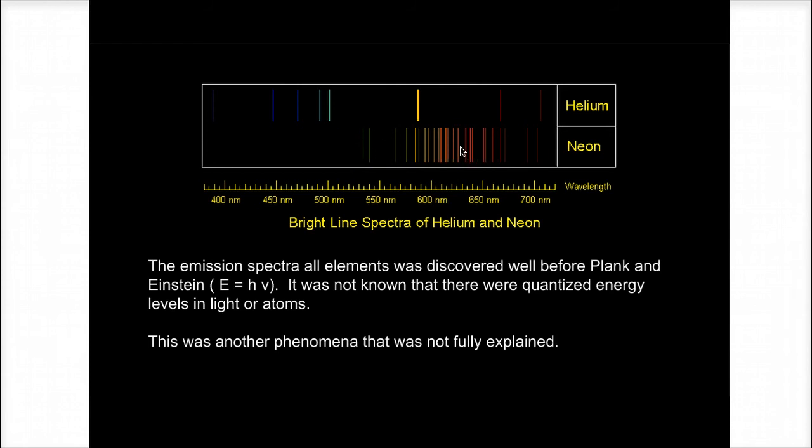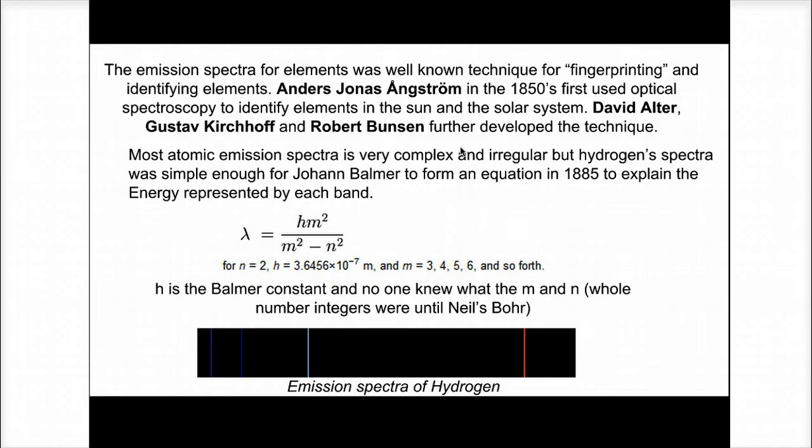So they were actually starting with the simplest, and of course, that was hydrogen. Essentially, Balmer came up with a formula in 1885 to explain the energy of hydrogen spectra. Again, it was the simplest, one proton, one electron, using a formula he put together. Now, certainly, Planck's constant and these numbers here were something he did not know what they were.